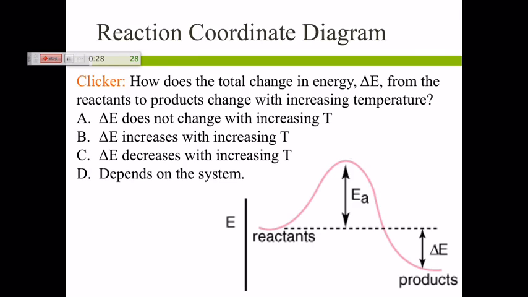Everybody in? Almost? Pauline, you want to share your thoughts on this? I said that the increase, because if you bring it onto the graph, if there's a higher temperature, the reactants would be at a higher starting energy, and then would go through the transition state.